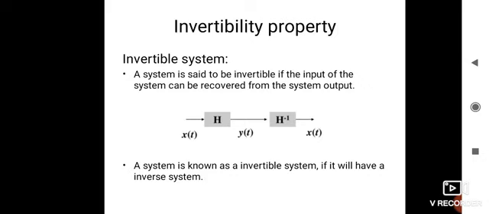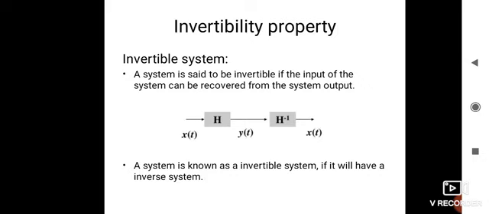By cascading these two systems, I get the same input. The first system is called the invertible system and the second system is called the inverse system.